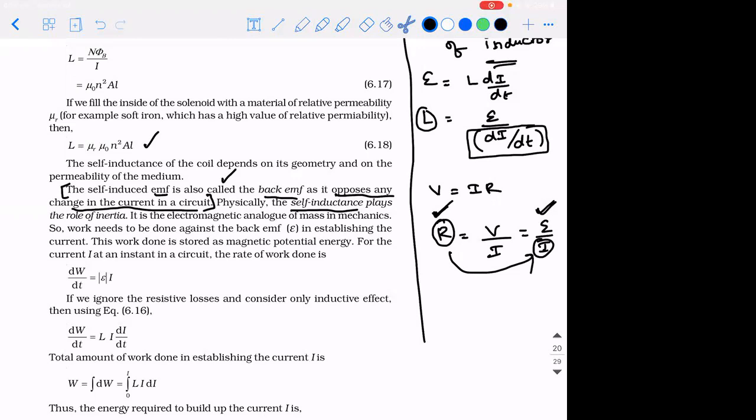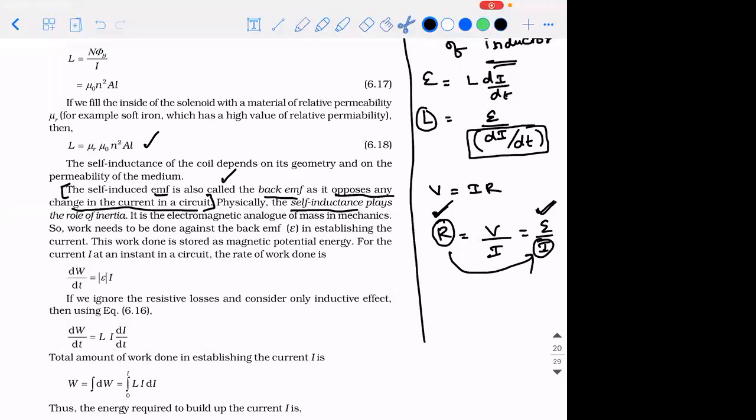It means an inductor will not like current to change with respect to time. It wants only constant current to flow through it. Are you able to understand? Like how a resistor always wants a lesser amount of current to flow through it, an inductor will only want a constant current to flow through it. It will not like it when current keeps changing with respect to time.